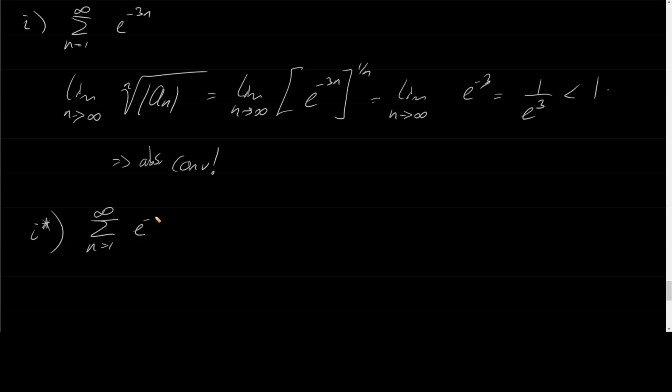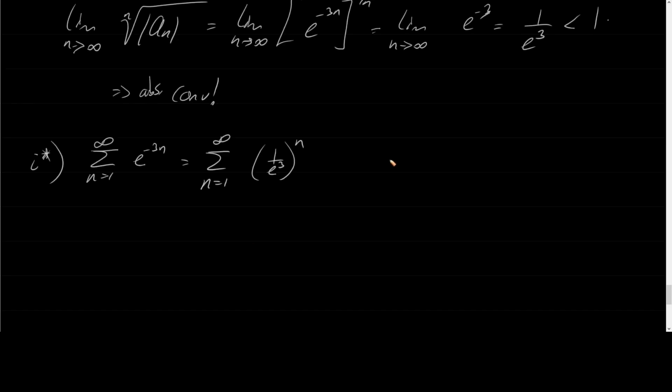So this is e to the negative 3, to the n. This is the same thing as saying the summation from n equals 1 to infinity of 1 over e cubed, and then all of that to the n. In here, this is a geometric series, right? And our common ratio there would be 1 over e cubed, right?